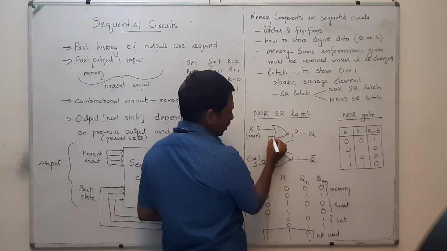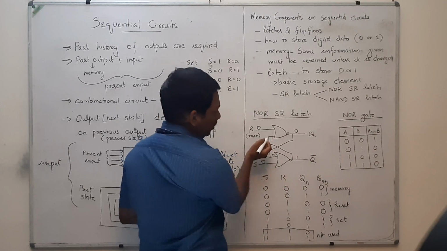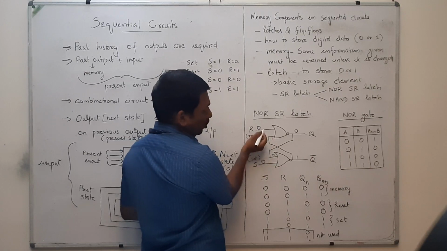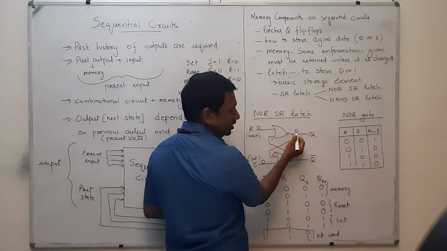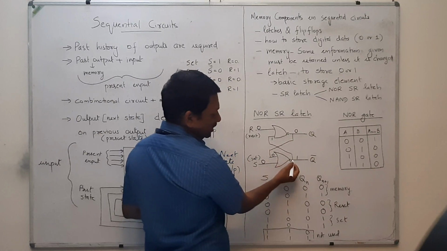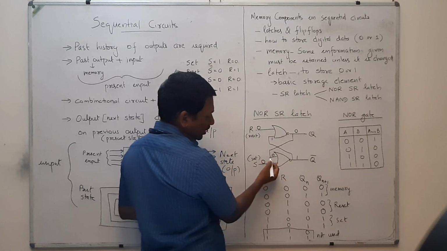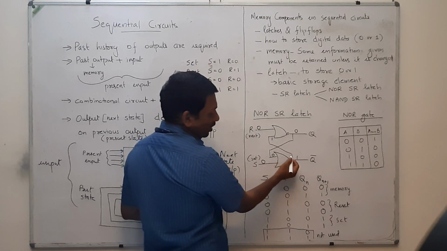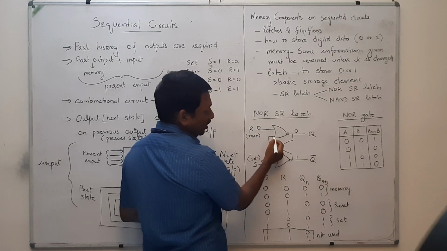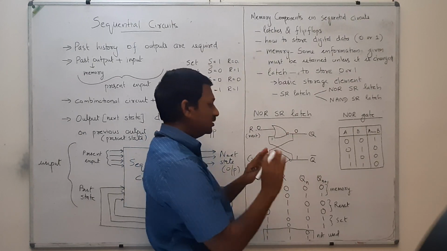Feeding that here, 1 OR 0 is 1, and when it is complemented, you get 0. For the other gate, 0 OR 0 is 0, and when it is complemented, you get 1. If you feed this 1 here, then 1 OR 0 is 1 and the complement is 0. That means this is stable.